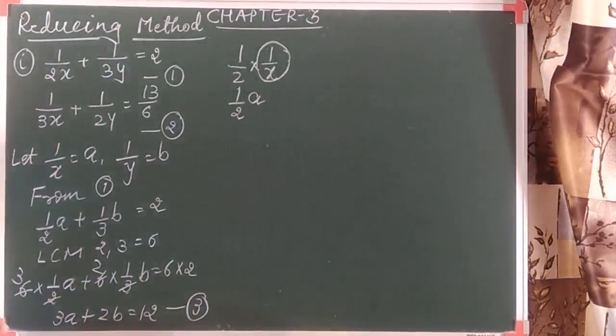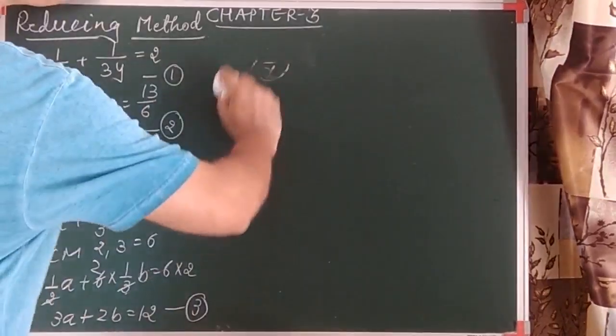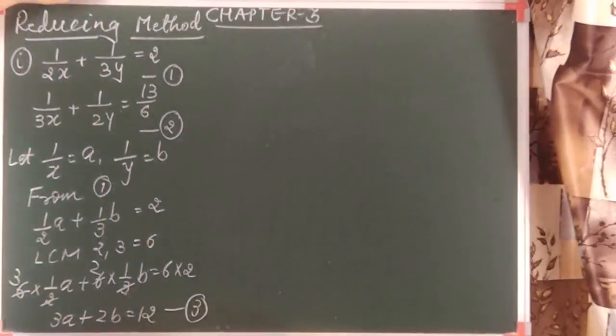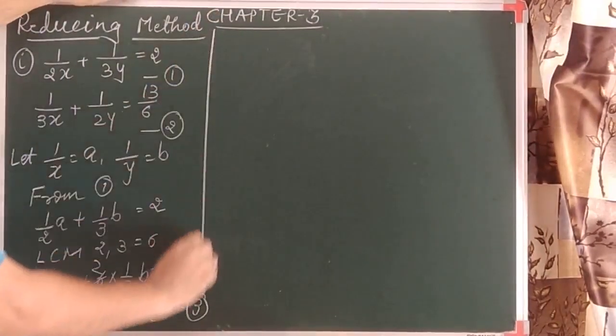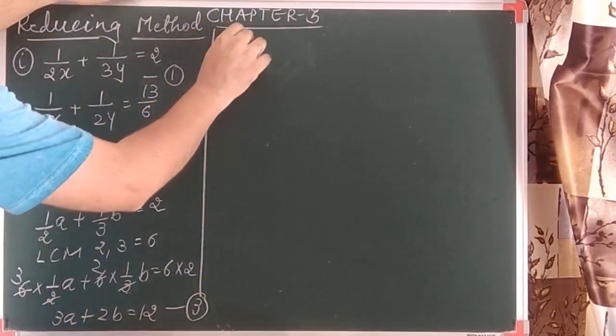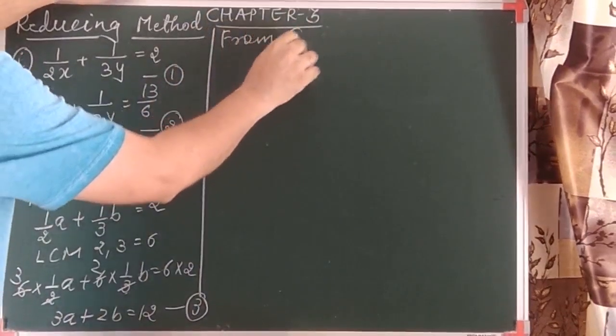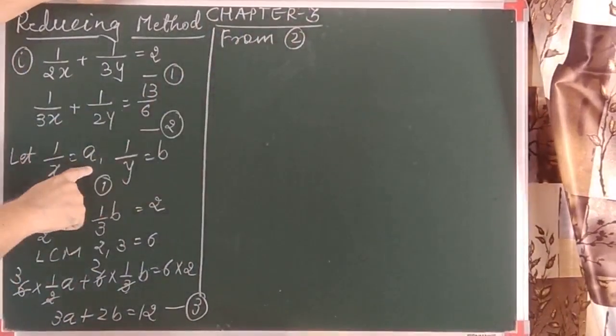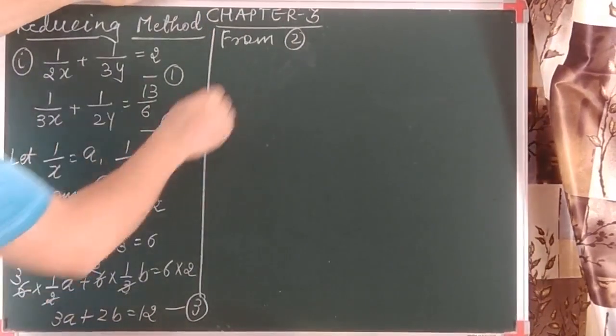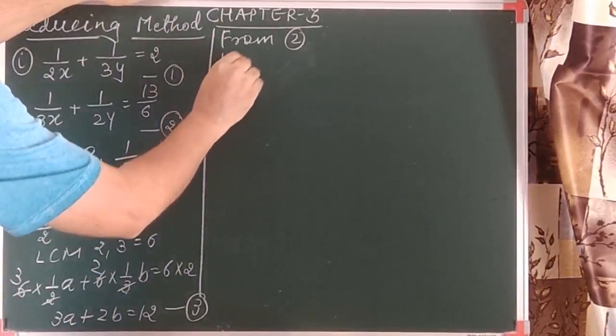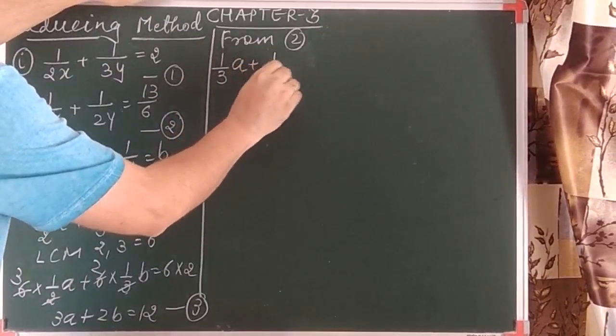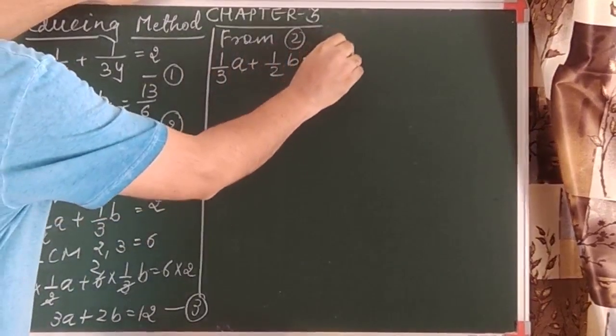Fine. Let us continue the same way for equation number 2. From equation 2, when we substitute 1 by x as a and 1 by y as b, this equation would be 1 by 3a plus 1 by 2b is equal to 13 by 6.